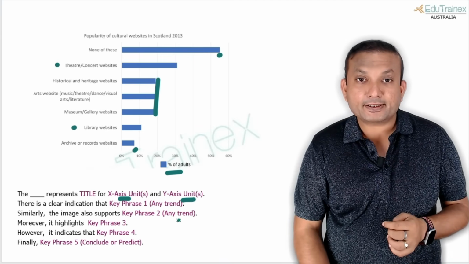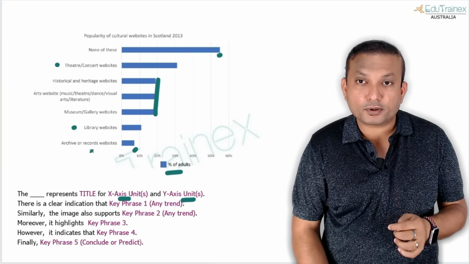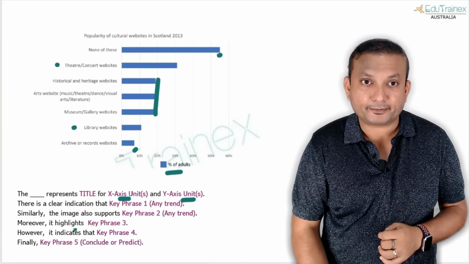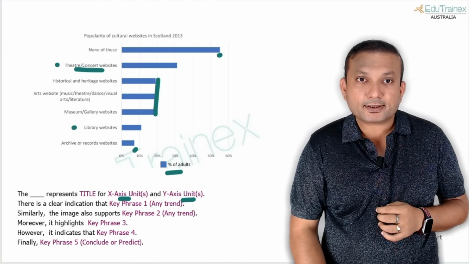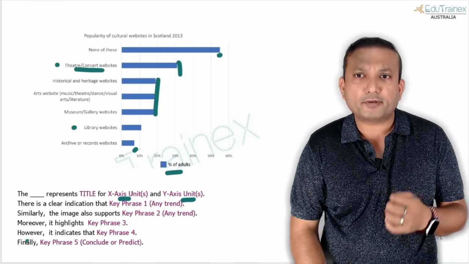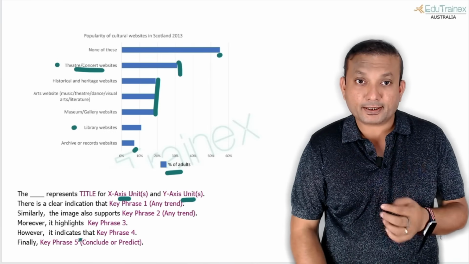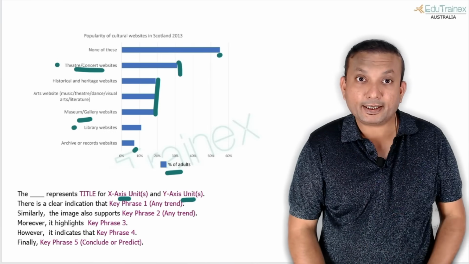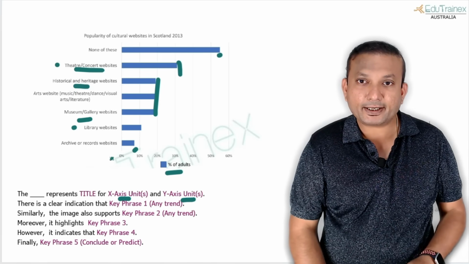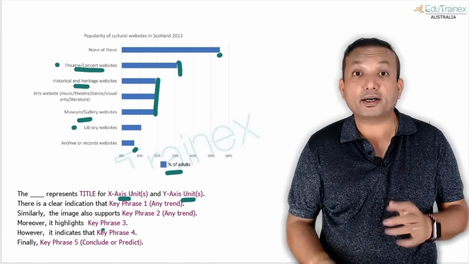Next one, I can say similarly the image also supports archive or record websites are lowest at 10%. Moreover, it highlights the theater and concert websites are enjoyed by around 30% of adults. The next sentence will be, however, it indicates that the museum gallery websites and historical and heritage websites are at moderate levels.